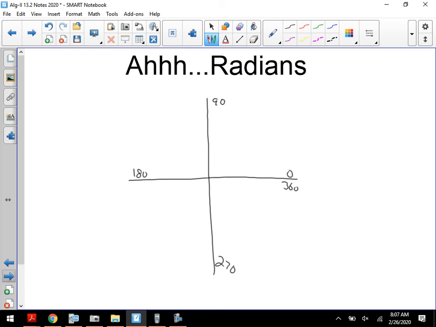So you hear me talk a lot about revolution, okay? Now, when you start thinking about revolution, what goes around and around? A wheel. Wheels are shaped as a circle.